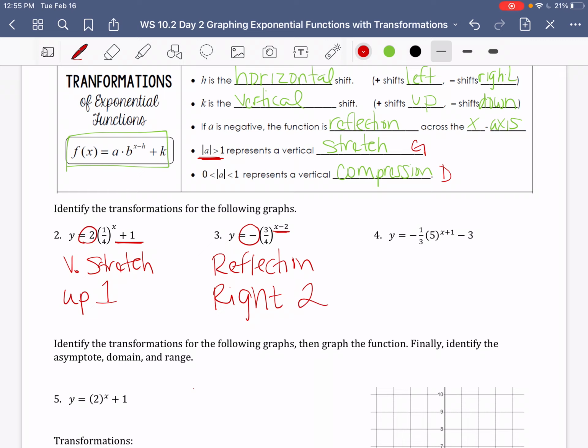And then number 4, I never have you graph something like number 4, but here's a lot of things going on. We have a negative in the front, so it's a reflection. We have 1/3 as your a value, so that is going to be a vertical compression.